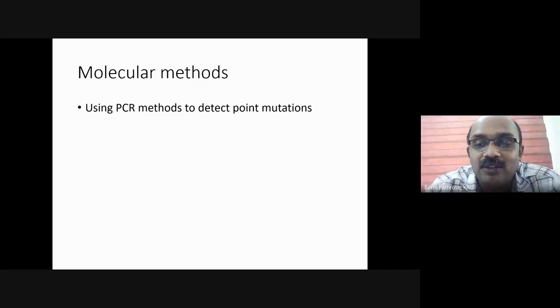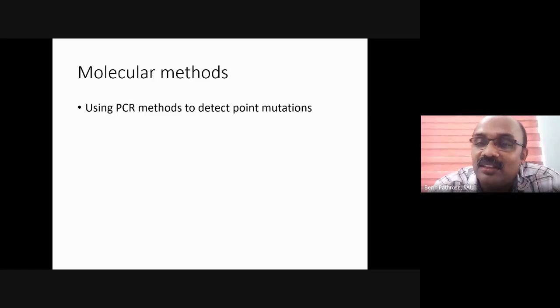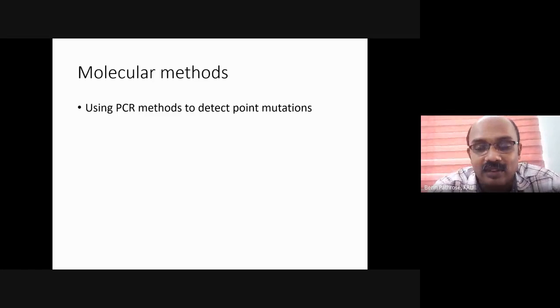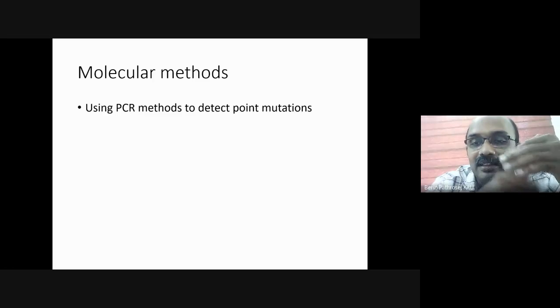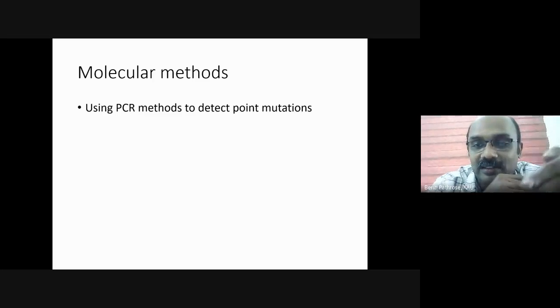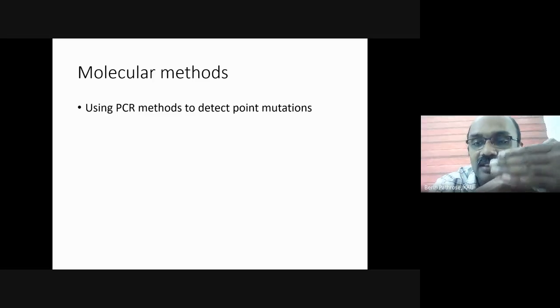It will amplify only those regions which have that particular enzyme, and if we sequence that area, we can see if there is any mutation. Say we amplify the esterase gene and sequence the gene from the susceptible insect as well as from the resistant insect.